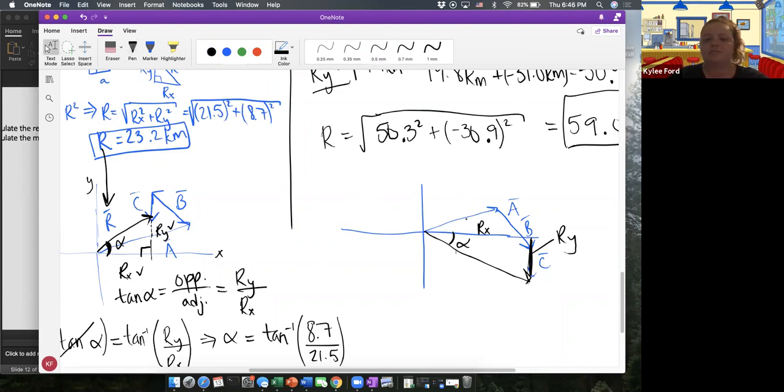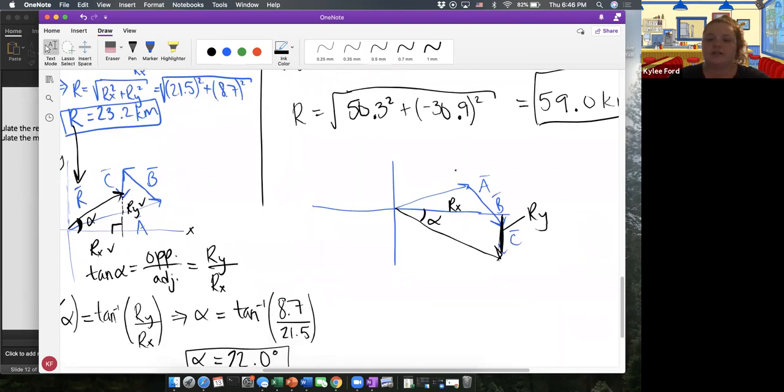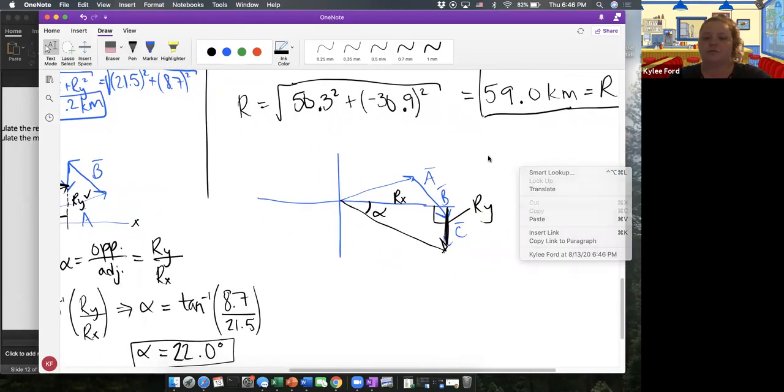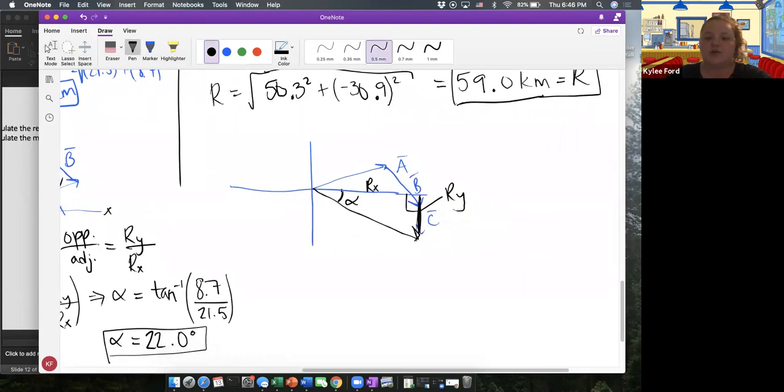We're going to do the exact same thing as we did before, even though we have a different looking triangle. We know our hypotenuse length, that's our magnitude that we just solved for. Now, this would be our opposite. RY is our opposite, and our adjacent is RX.